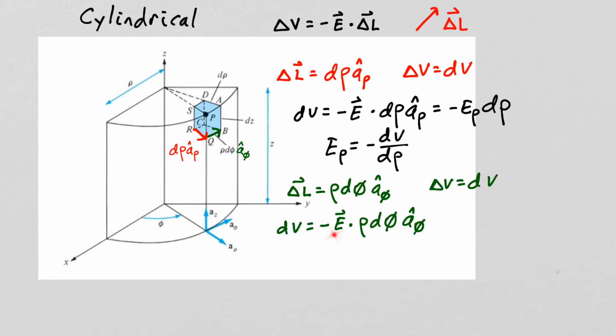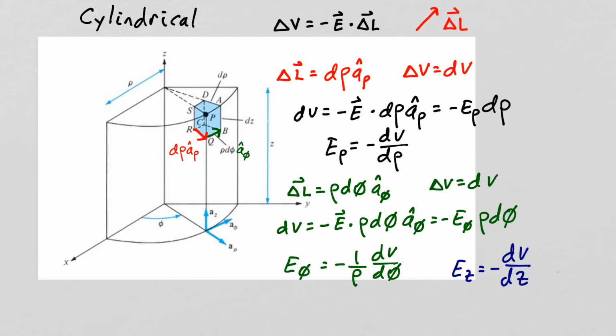We have the dot product between our electric field intensity and the unit vector in the phi direction, so that will just be the phi component of our electric field intensity. Solving for E sub phi, we get minus 1 over rho dV/d phi. And the z component of the electric field intensity will be the same as we had in the Cartesian system.